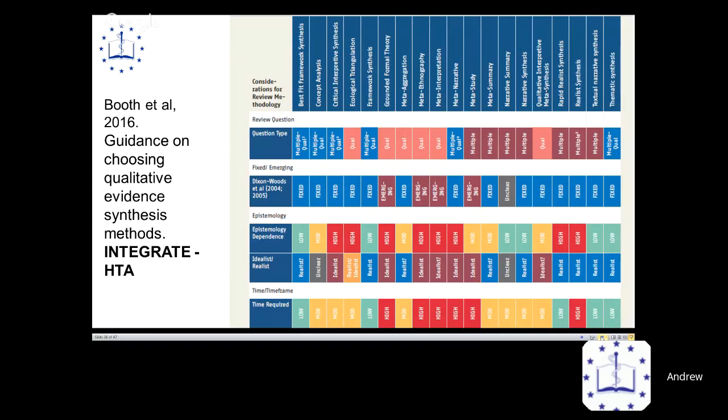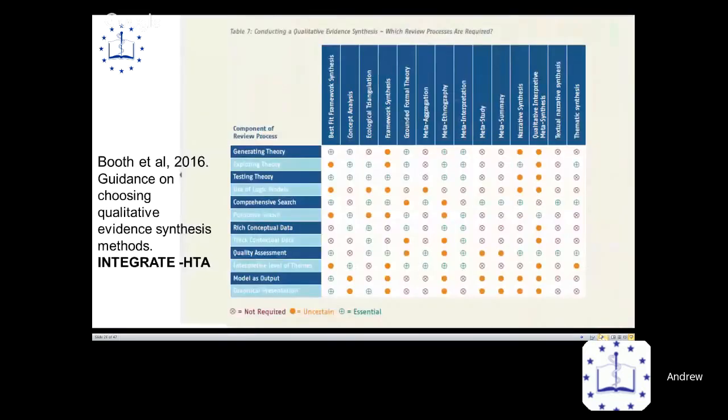So this is a useful resource for your researchers in deciding which methods are most appropriate for their type of review. And I've also summarized some of the functions of these different types of synthesis.